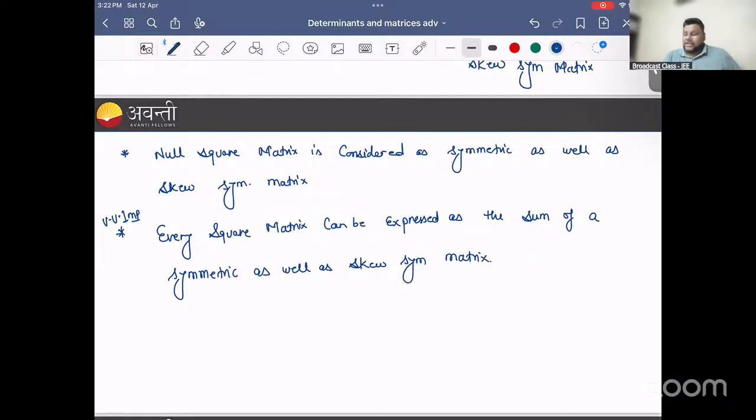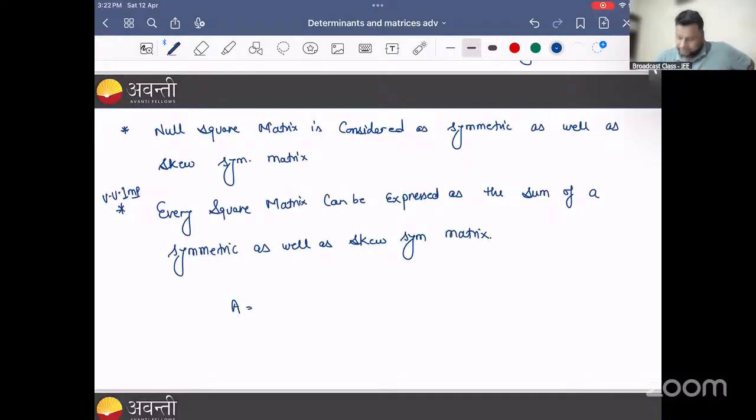So every square matrix, like there is a matrix A, it can be represented as A plus A by 2. Then you can write it as (A plus A transpose) plus (A minus A transpose) by 2. See the right side. Isn't it A only? Whatever you see on the right side, A transpose will cancel out. You get 2A by 2, which is A only. So I can write A in this manner.